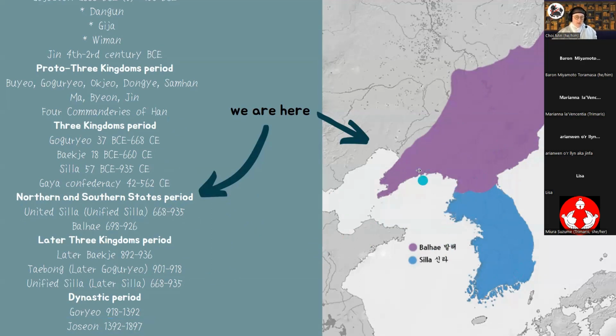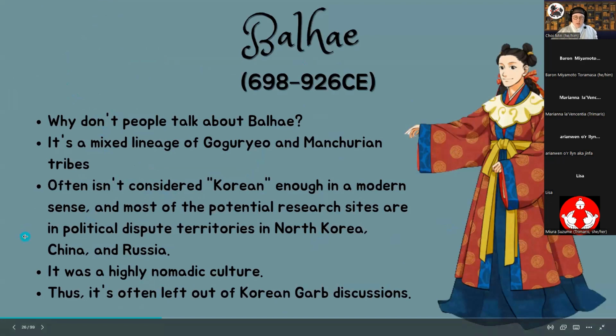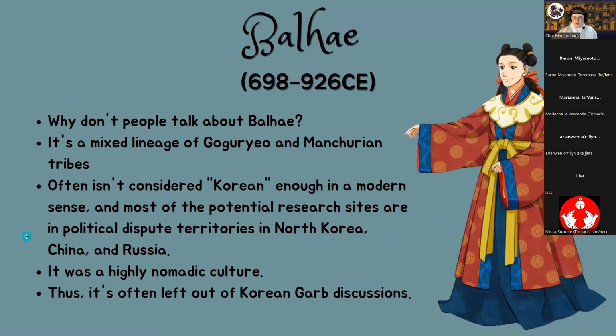And there's not a lot known about Balhae, and it's not really in the forefront of modern reproductions because they consider it not quite Korean, and there's a lot of contestation between is this Chinese, is this Korean, and so they just kind of let it fall to the side.